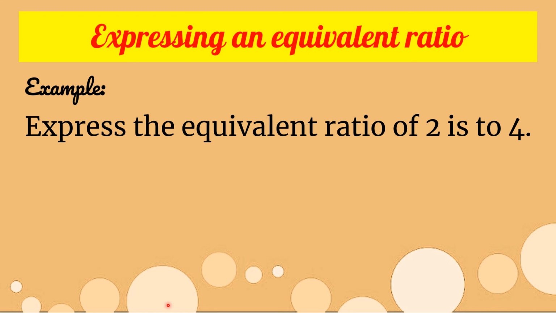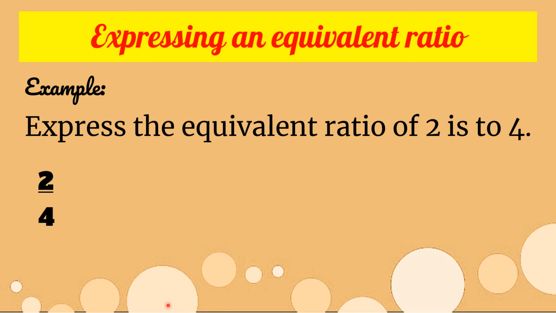Bibigyan natin ng ilang equivalent ratio si 2:4. Pwede mo siyang i-write as fraction para mas mabilis kang makahanap ng equivalent ratio. In finding an equivalent ratio, it is simple because we are just multiplying a number to our ratio.